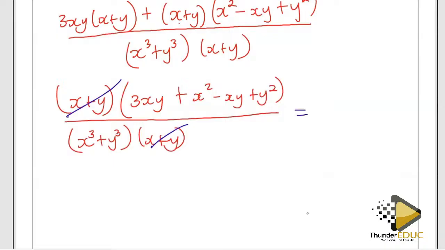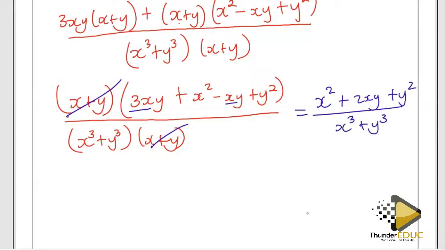Okay, so when I simplify what is on top here, I'll have x squared plus this and this, which gives us 2xy, and then plus y squared. We're dividing it by x cubed plus y cubed. Going back to factorization, the top could be the same as x plus y squared.